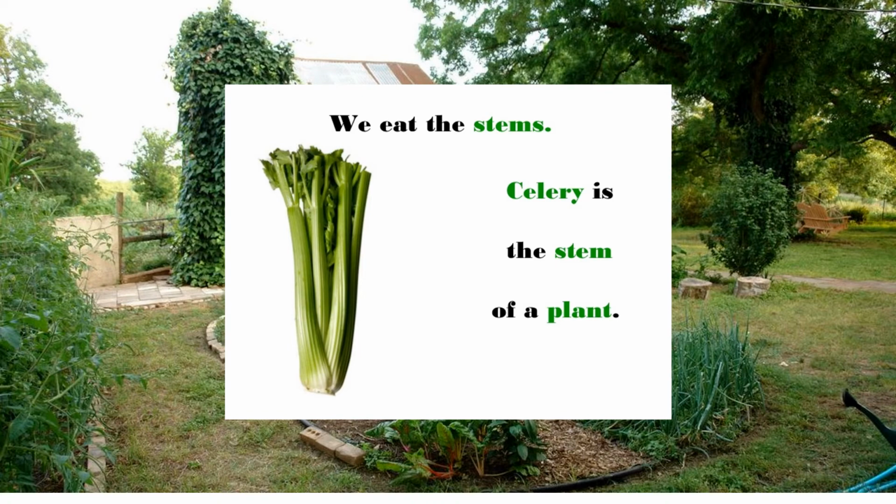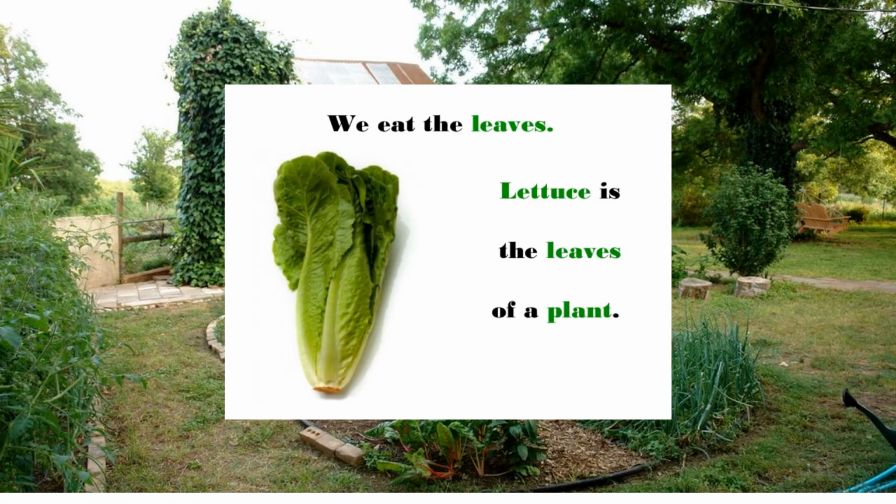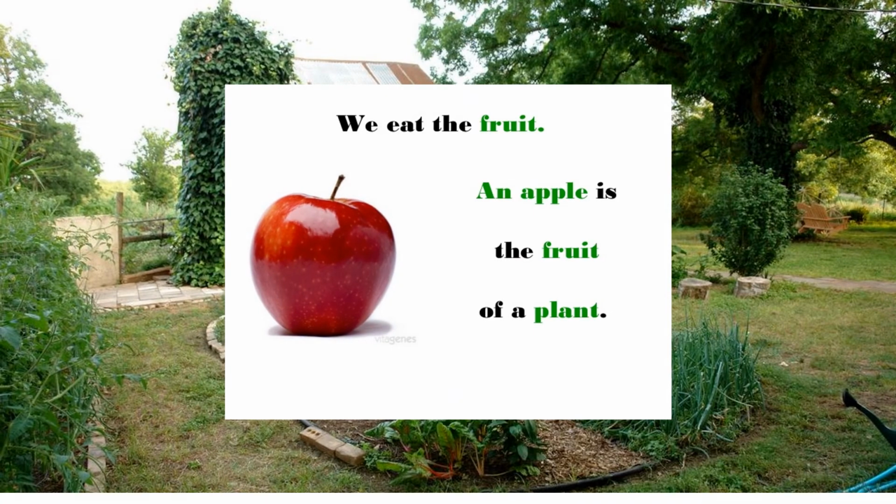You can see how that stem is holding the plant up straight. We eat the leaves. Lettuce is the leaves of a plant. We eat the fruit. An apple is the fruit of a plant. I'm sure you've eaten lots of apples.